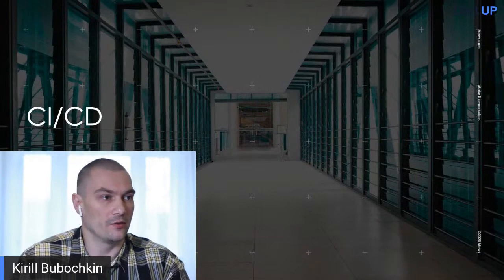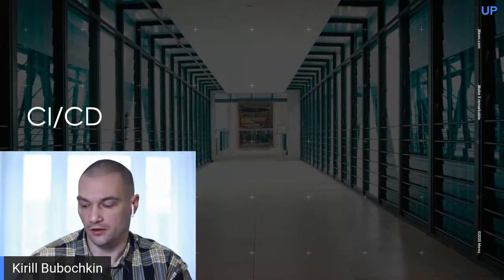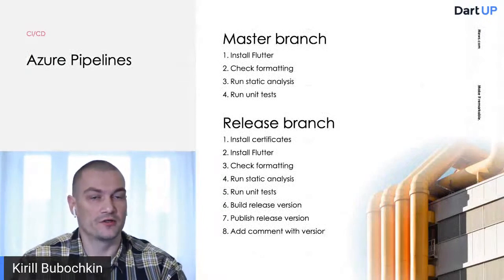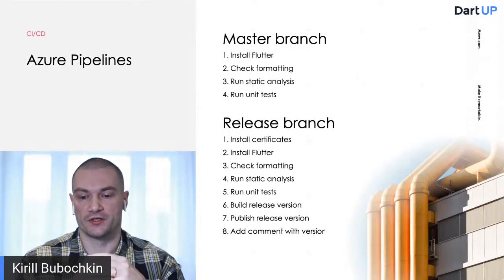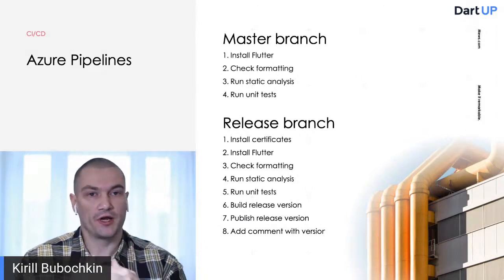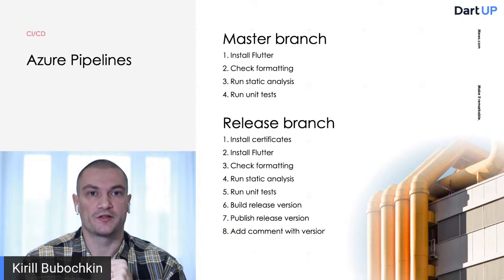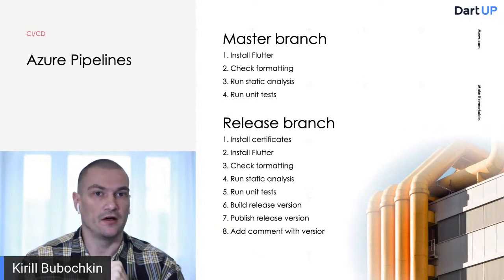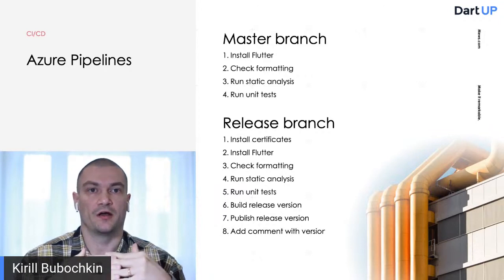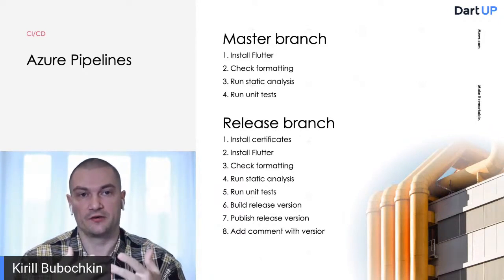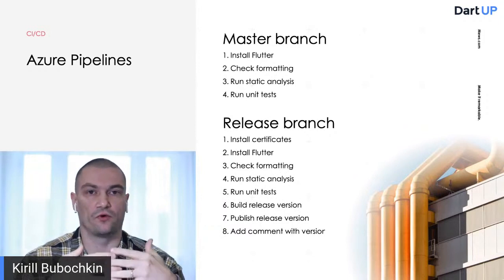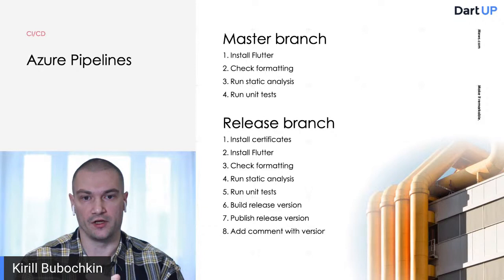And now let's talk about CI/CD in more detail. And so this is the point where I should actually say, don't follow our way, because we are using Azure Pipelines for CI and CD, and because we are using it across the company, it's really powerful. You can set up a lot of things here, but it's not specific for Flutter or for mobile development.